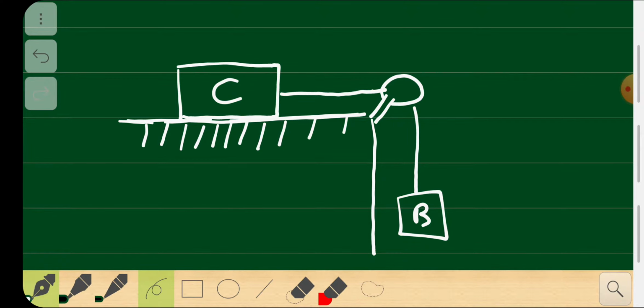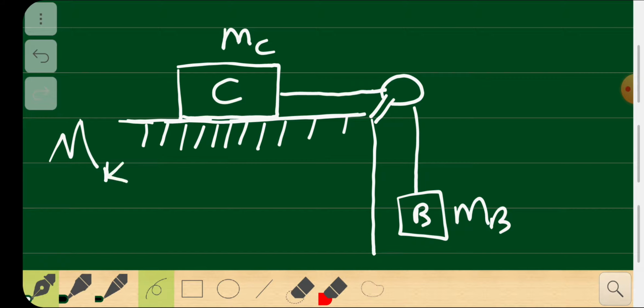Now I want to find out in a general case. I'm going to call this cart's mass mc and the block's mass mb, and the frictional coefficient mu k, kinetic friction.